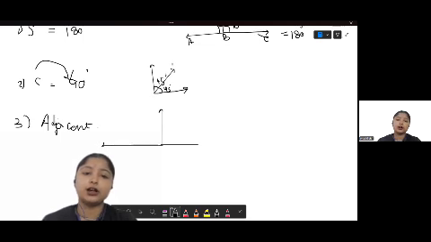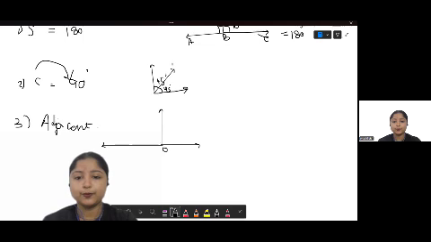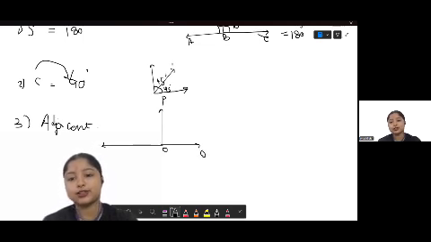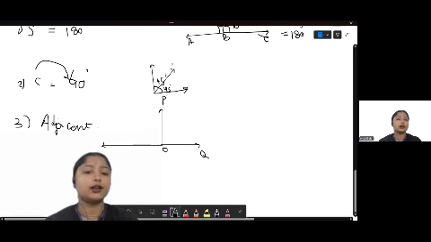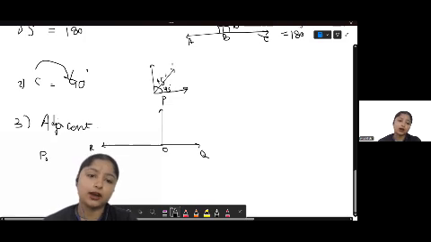So these are two different angles. See, this is O, P, Q, and this is R, this side. Now we have two different angles, that is angle POR, and the other one is angle POQ, right?